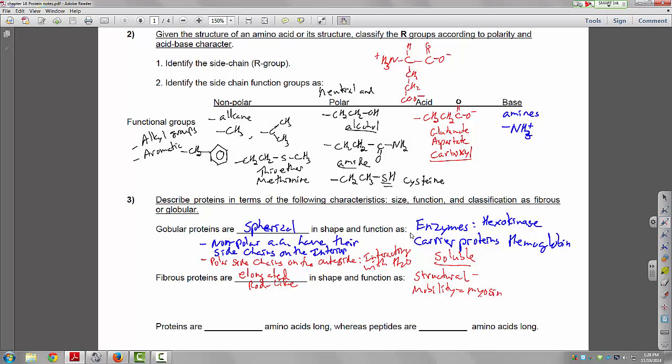Or structural, we talked about collagen or keratin, elastin, these structural proteins. And of course, because they have a structural role, they're going to be insoluble. So actually, let me make a distinction here. This is in red, but the soluble here is referring to the globular proteins. The fibrous proteins are insoluble in water.